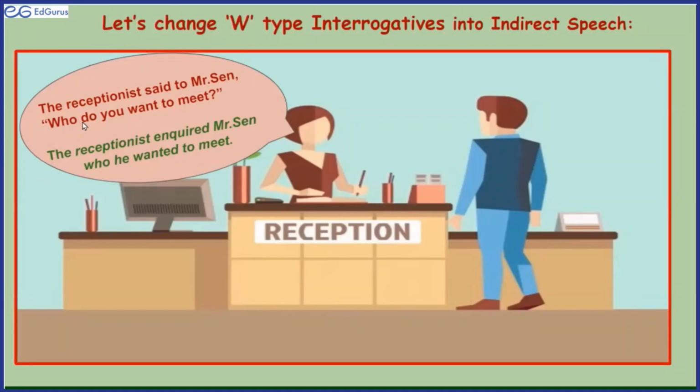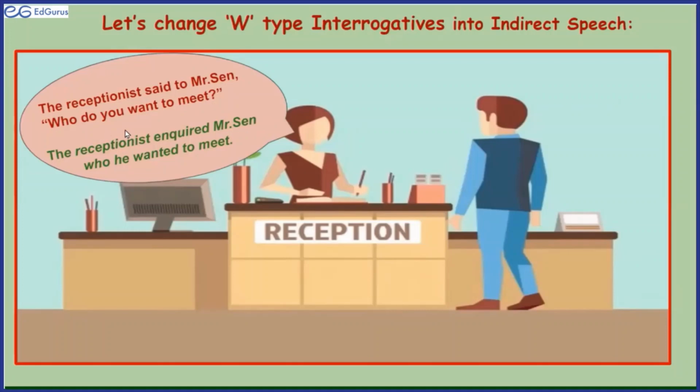Now, this is the interrogative sentence. Who do you want to meet? Now, please observe carefully how it has been changed into indirect speech. It begins with who, he wanted to meet. Now, you must be thinking how it is. Let me tell you, who is the question word. Now, if you say, do you want, what is it?